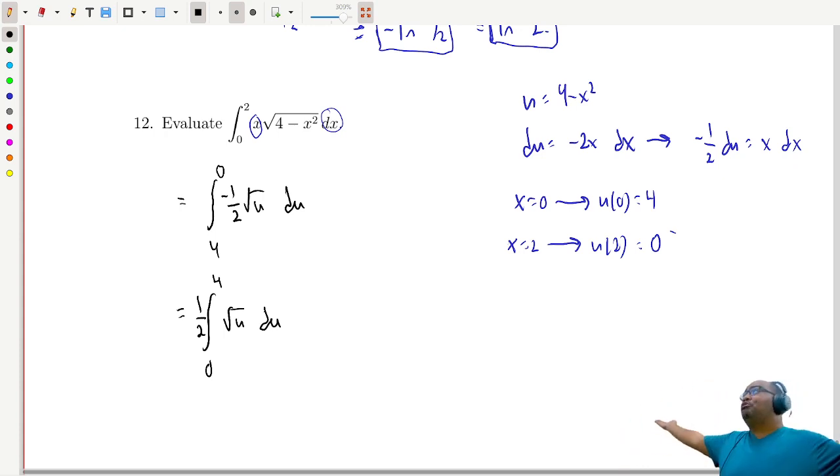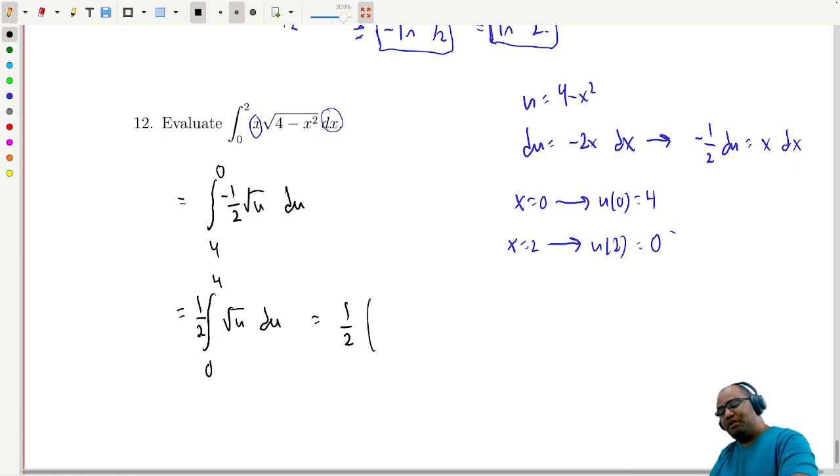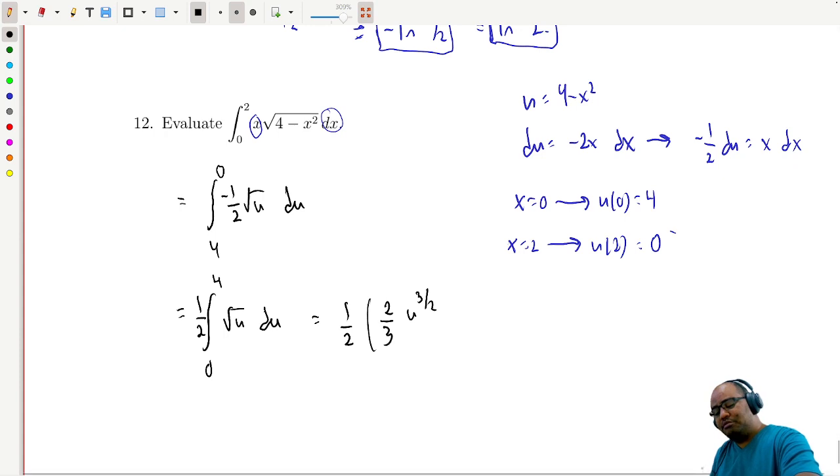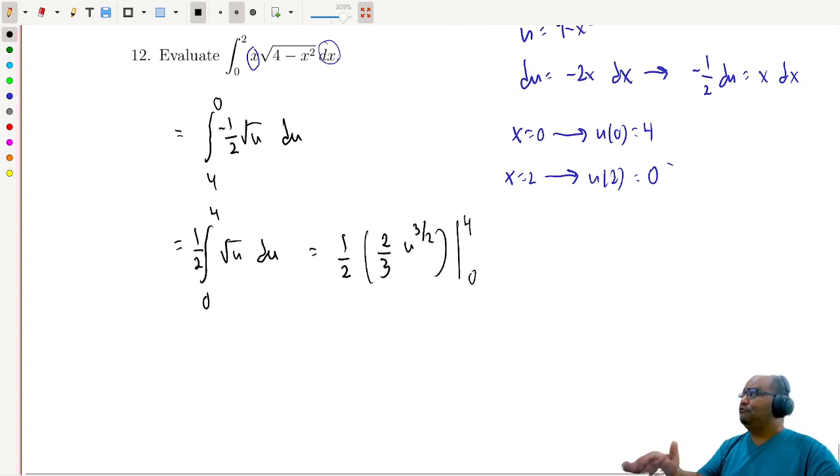Now what do we do here? It's just the power rule again, right? We did this a lot. So we have 1/2 times u to the 3/2 divided by 3/2, because of the power rule: add 1 to the exponent, divide by the exponent. But dividing by 3/2 is the same as multiplying by 2/3. Now I'm just going to go ahead and do my evaluation step. Lucky for us, when I evaluate this at 0, I'm going to get 0.